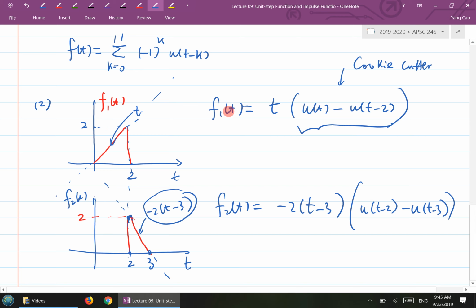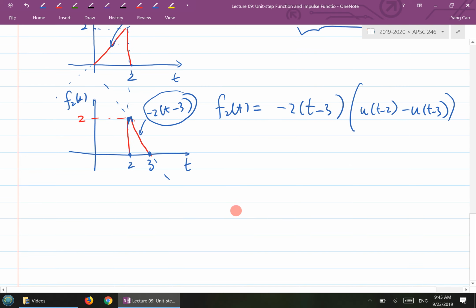So this is f1, this is f2. And very often you actually have a curve called f of t, going up first, then going down next. So when you put this f1, f2 together, you get this triangle here.